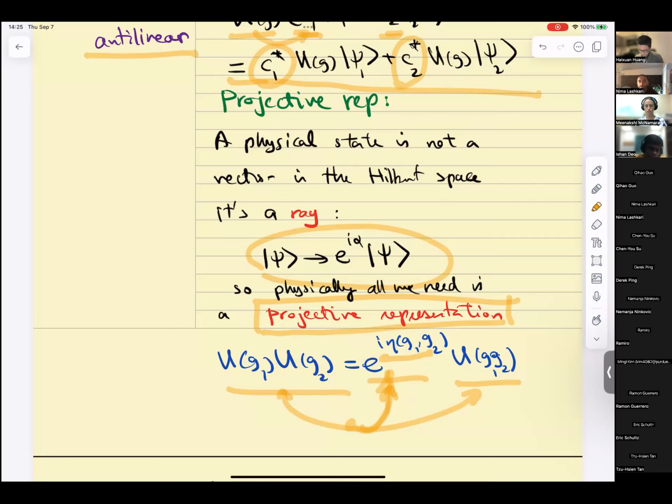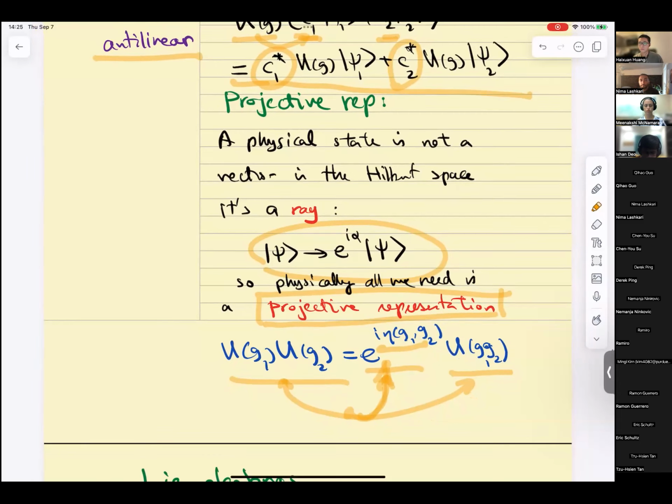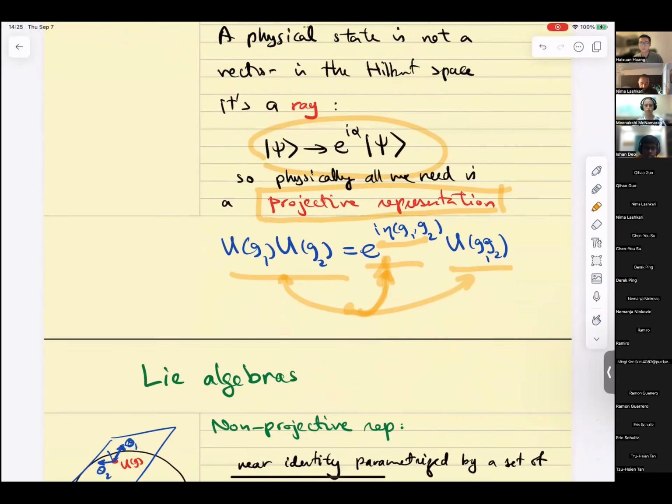Wigner's theorem is the side of the story that says what U and U_G should be. That was just talking about preserving the inner product. It was not about multiplication. There's this further freedom in multiplication. All right, any other questions?